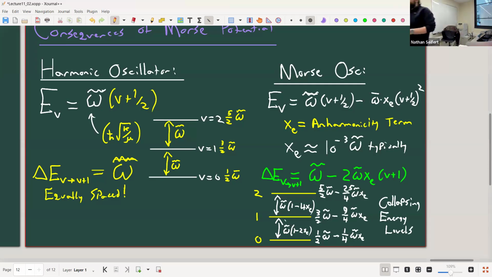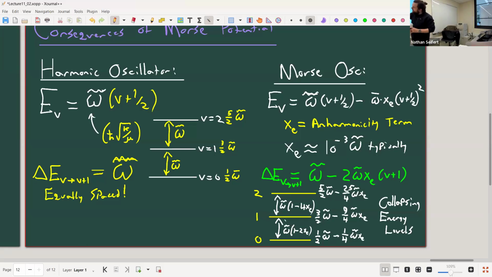Okay. So that means that the gaps between sequential levels are smaller than they were before. So in the harmonic oscillator, we do spectroscopy, delta V equals 1 spectroscopy, go from 0 to 1, 1 to 2, we just go up one rung of the ladder. All of these absorptions are at the same frequency, omega.